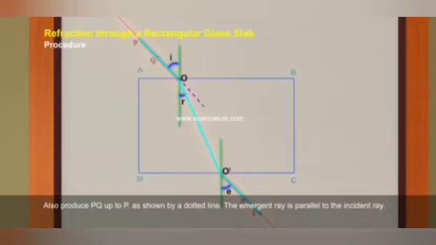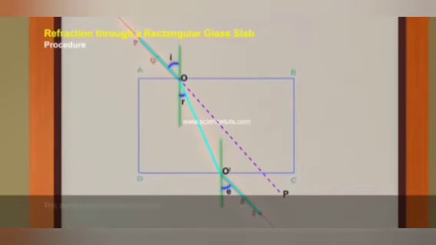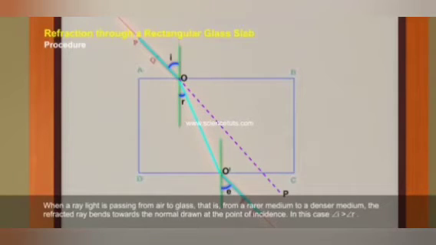Also produce PQ up to P', as shown by a dotted line. The emergent ray is parallel to the incident ray. The above experiment shows that when a ray of light is passing from air to glass, from a rarer medium to a denser medium, the refracted ray bends towards the normal drawn at the point of incidence.